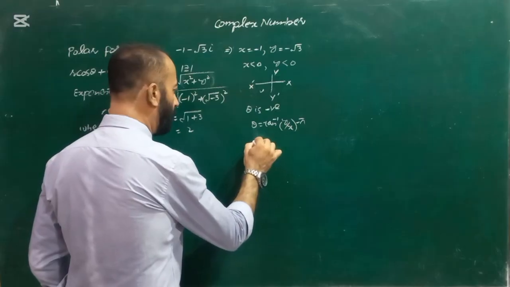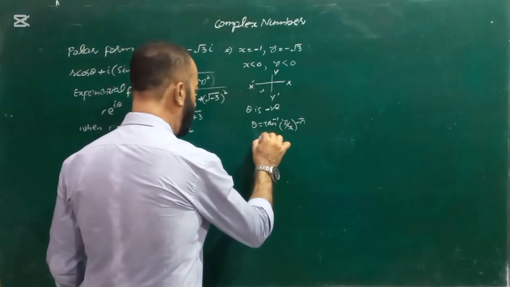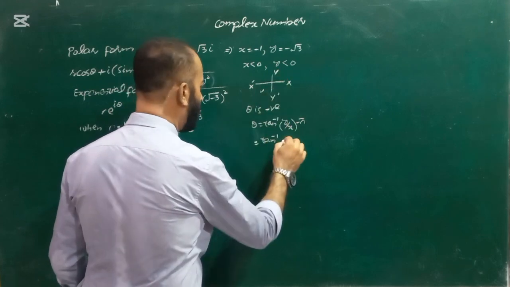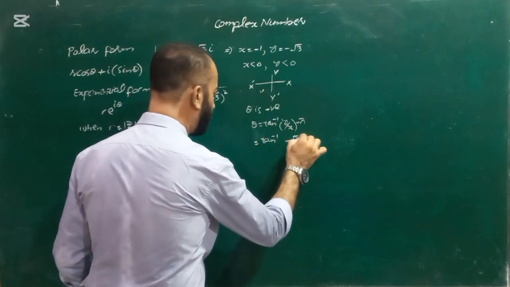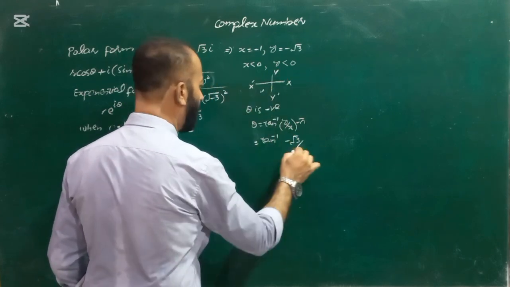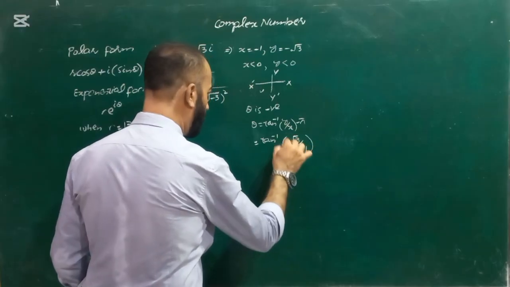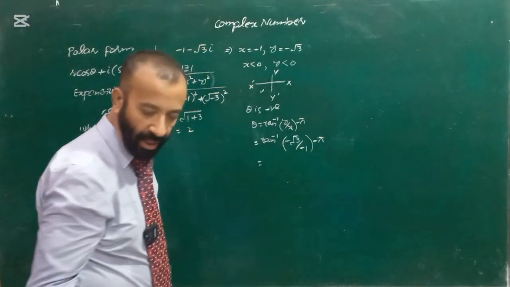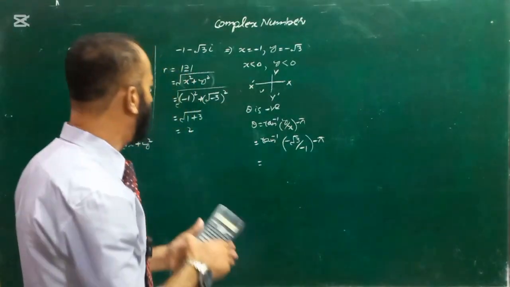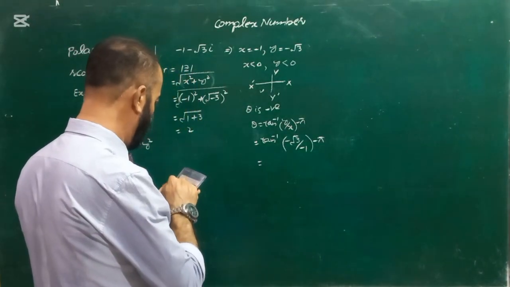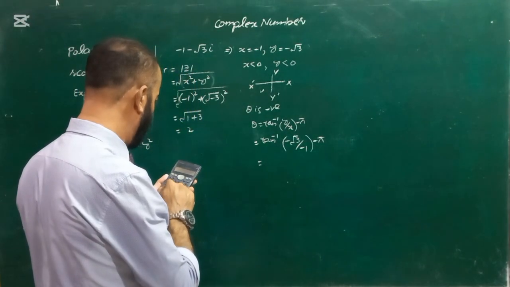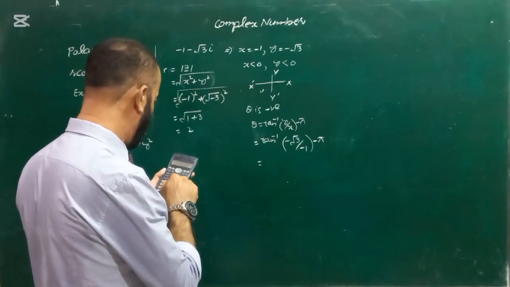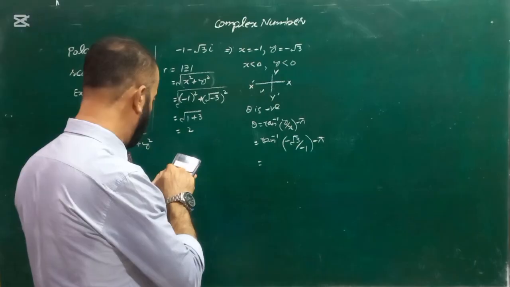So putting values into this one: tan inverse, y is minus square root 3 over x is -1. Minus pi is still there. So solving it on the calculator: shift tan square root 3 minus pi.